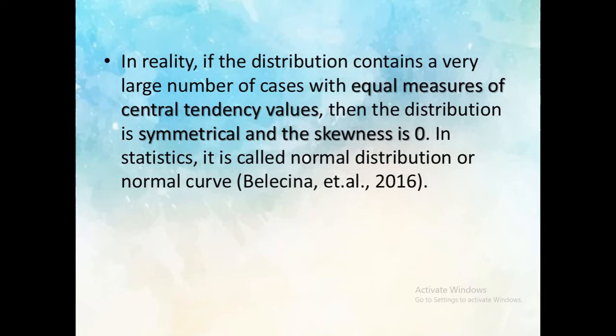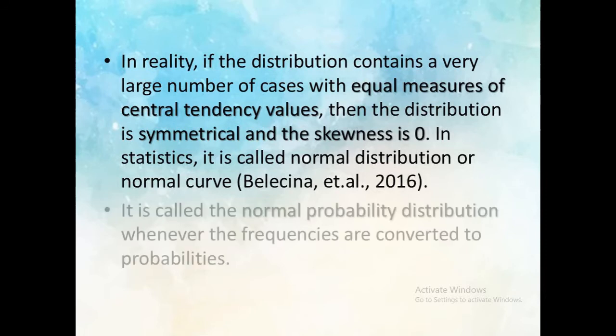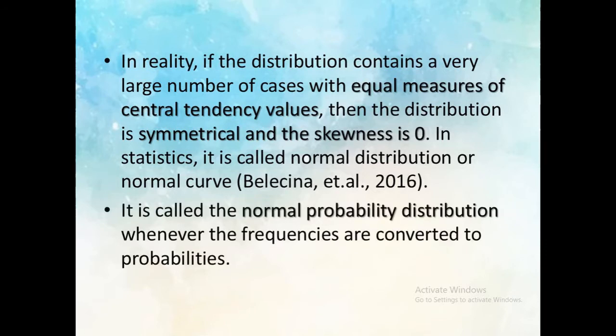In statistics, it is called normal distribution or normal curve. It is called the normal probability distribution whenever the frequencies are converted to probabilities.